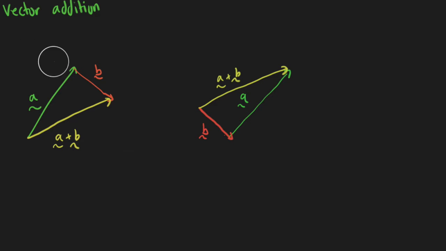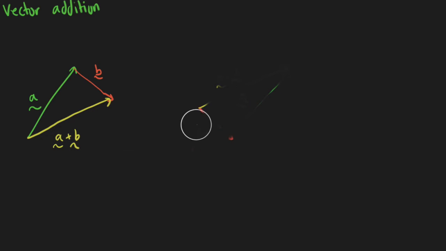So what I will do is, I'll rub this one out just to make some space. Okay, let's say that A is equal to 4i plus 7j, right? So it goes 4 right and then 7 up.